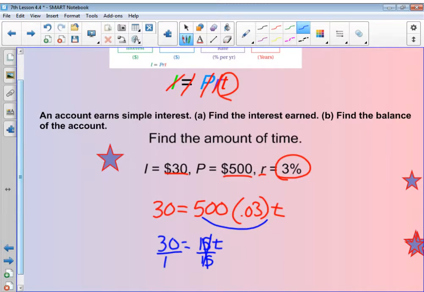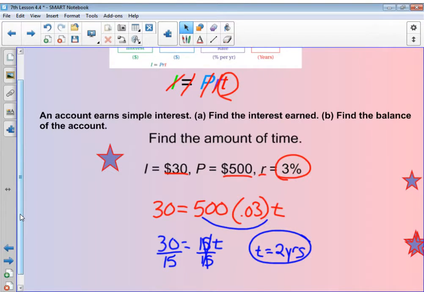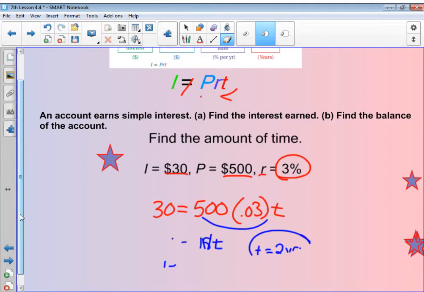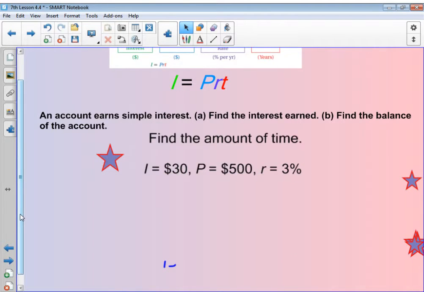Divide by 15. 30 divided by 15 gives us the T, or time, equals 2 years. Okay, same thing as what we just did in the previous one. It's just that now we're solving for the time. So a different letter in that 4-letter setup.